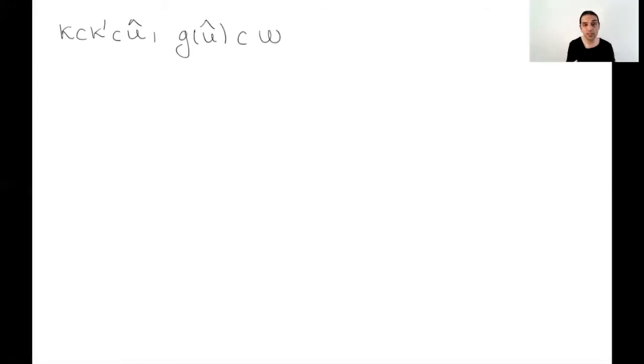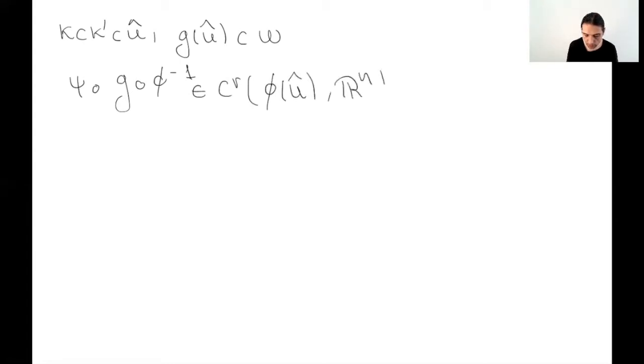And now we can consider the expression of G in local charts, in the local charts phi and psi. This is a C^r map, which is defined in the image by phi of U hat and with values in R^n, if small n is the dimension of the target manifold big N. All right? And of course, if we call this G, we can consider two maps, G1 and G2.